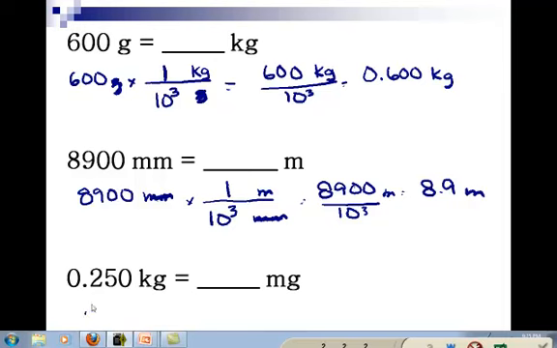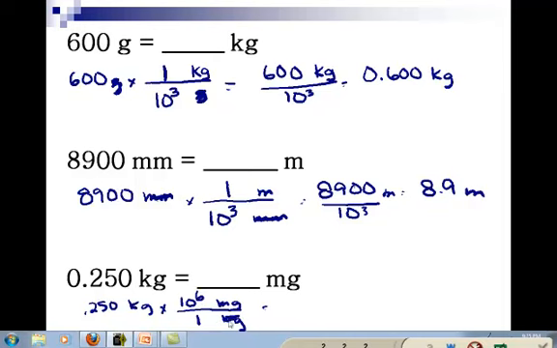And then finally, 0.250 kilograms. And I want to get to milligrams, so I put kilograms down here. Kilograms is larger than milli. Now between kilo and milli is 6 spaces. 3 to gram, and then 3 more to milli.